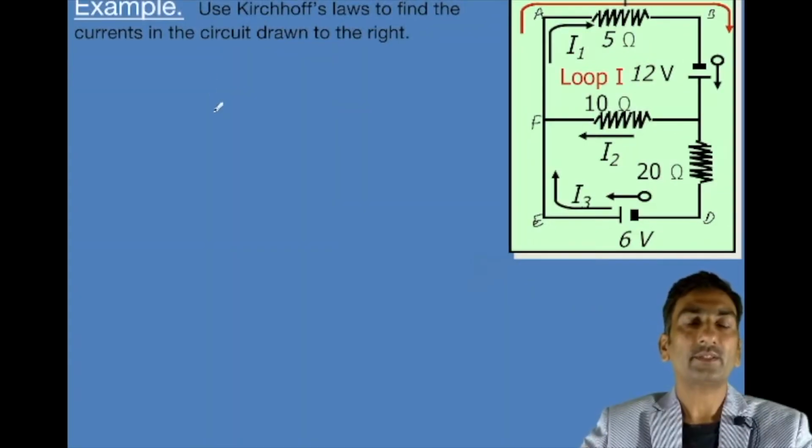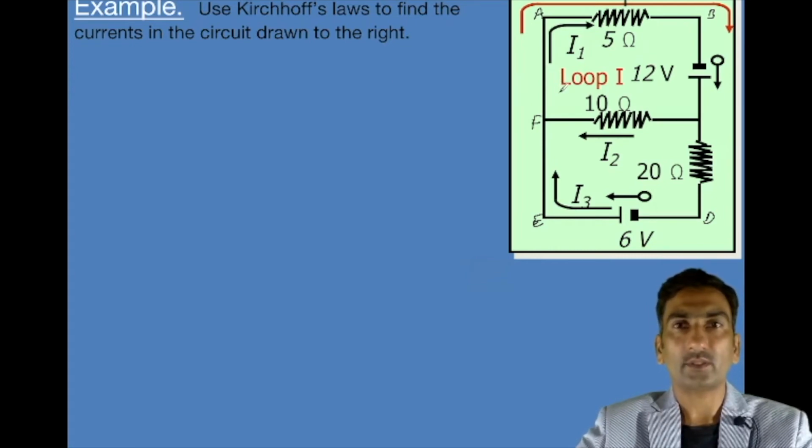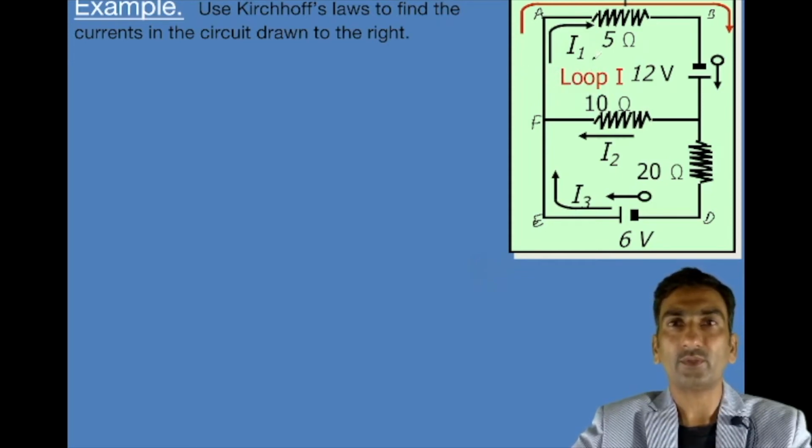Alright, friend, let's solve one complex circuit using Kirchhoff's laws. On the right side you can see this circuit, it's a complex circuit, so we can use Kirchhoff's rules to solve this problem. First of all, you have to check the direction of current given in the circuit. The values of resistors and the battery potentials are given here.